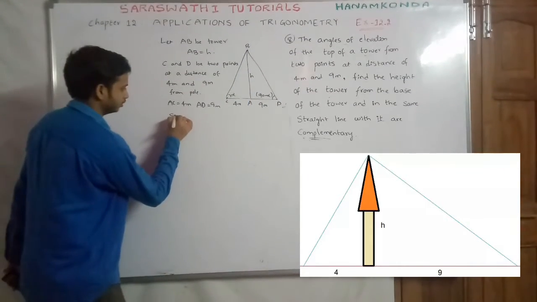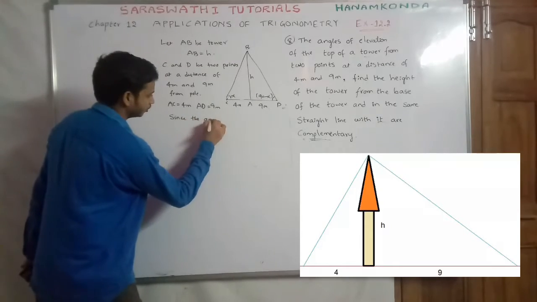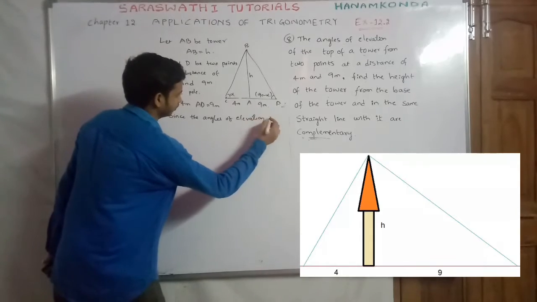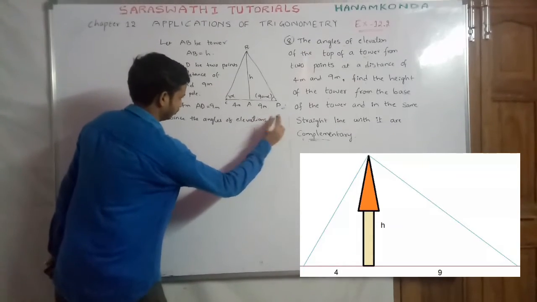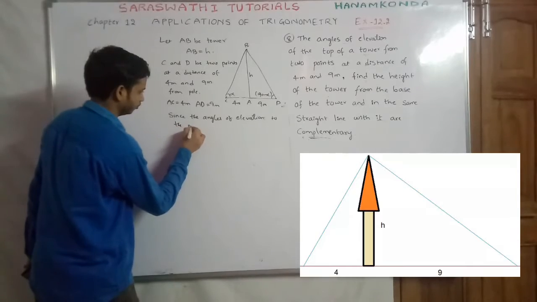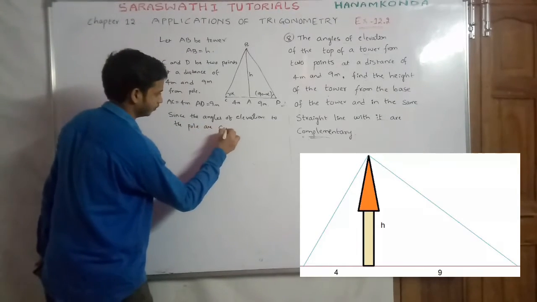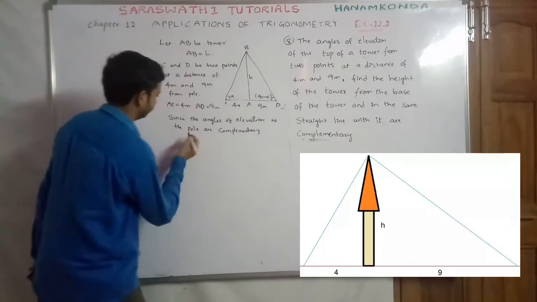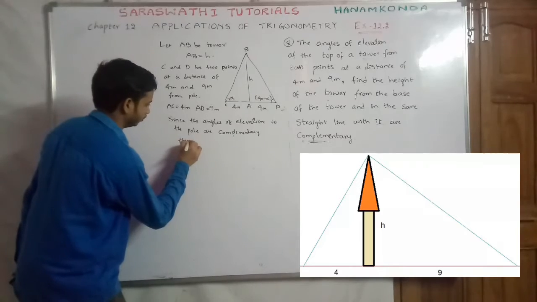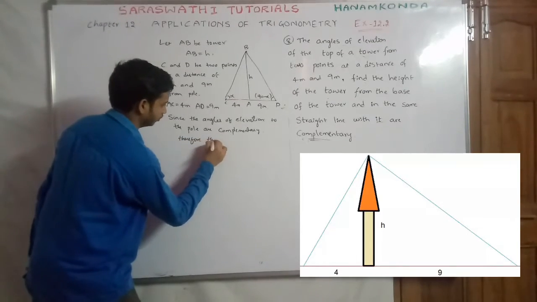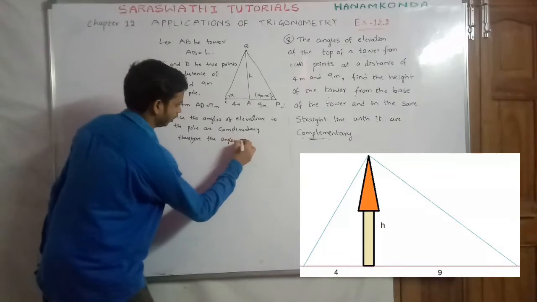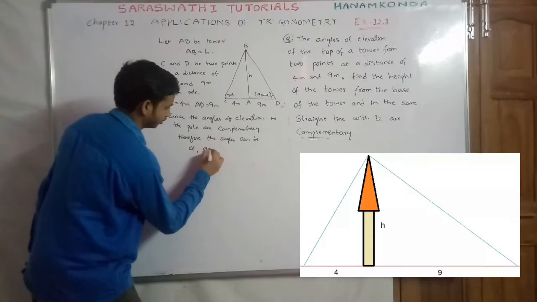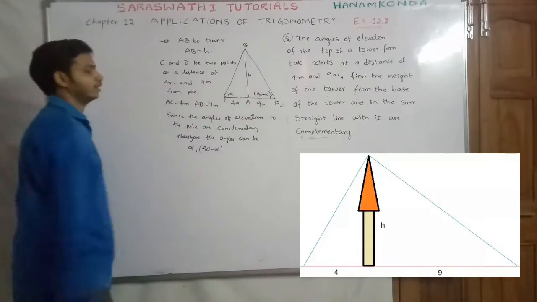Since the angles of elevation to the pole are complementary, the angles can be alpha and 90 minus alpha.